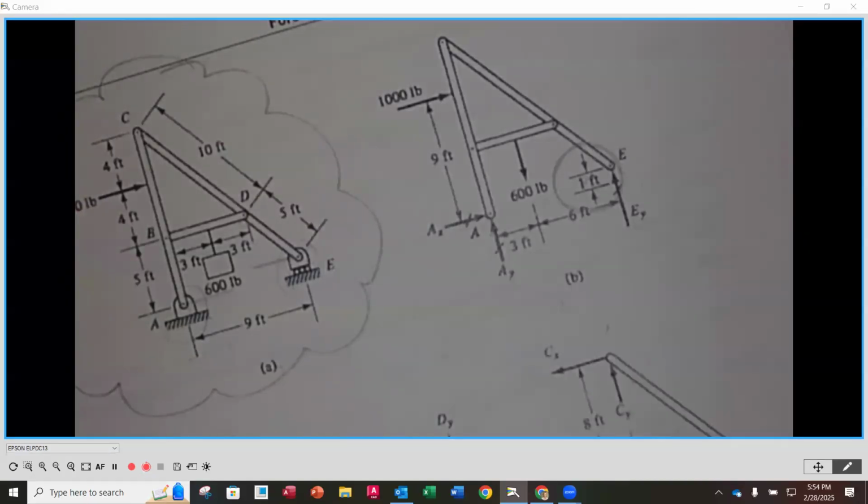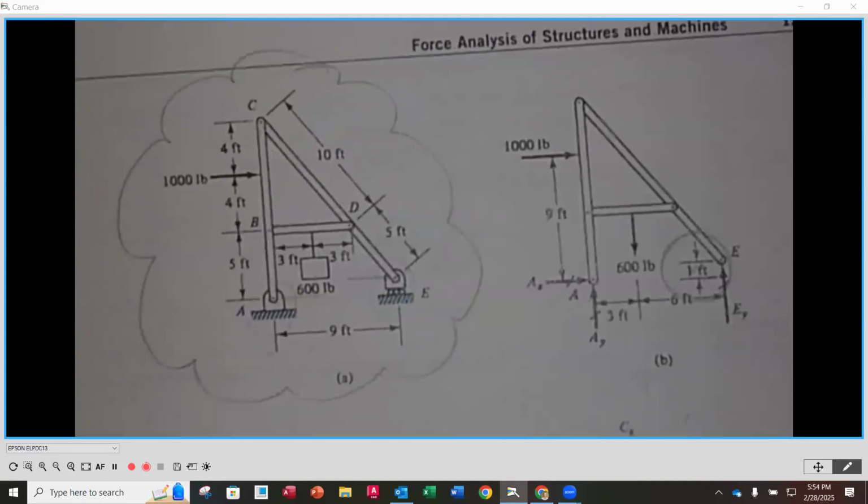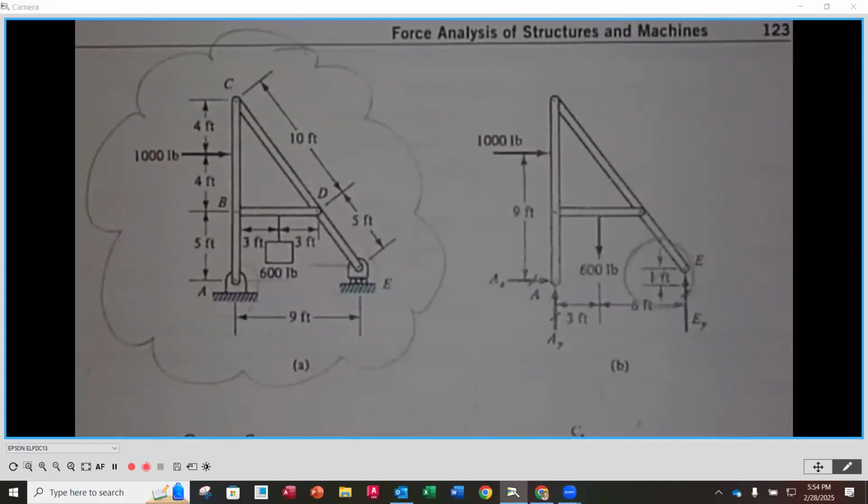I'm just going to use the directions that they're assuming for the reactions of the supports, and then we'll confirm those as we work the problem. Let's see here, 600.